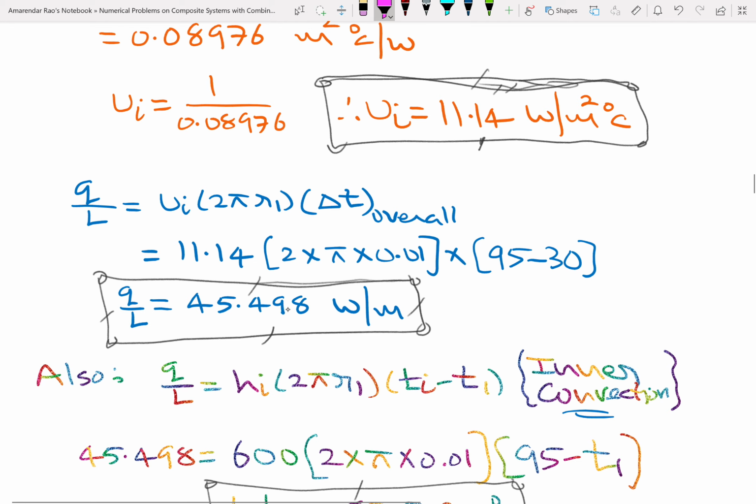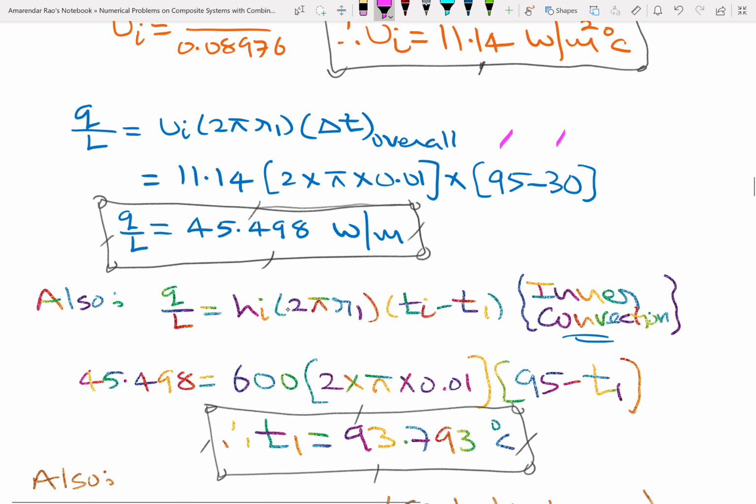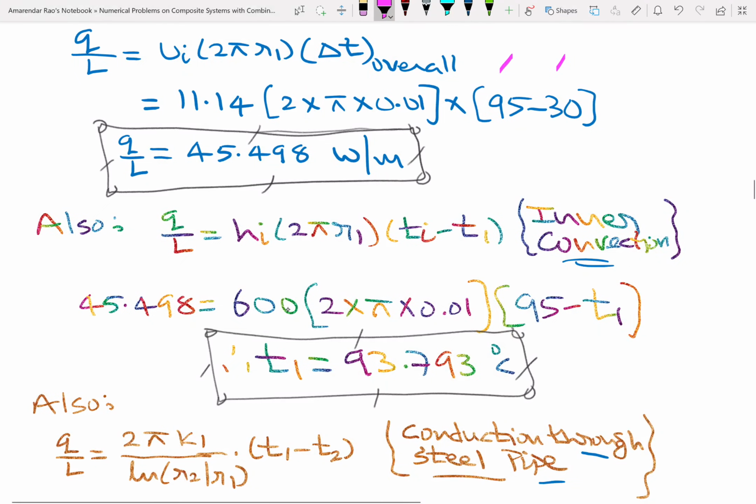Then Q by L is going to be Ui, then area 2 pi R1 L, that's inside area, into del T overall. Since you got everything with you, you can substitute that, and del T overall is Ti minus T naught, 95 minus 30, and you are going to get the result as 45.498 watts per meter length of the pipe.